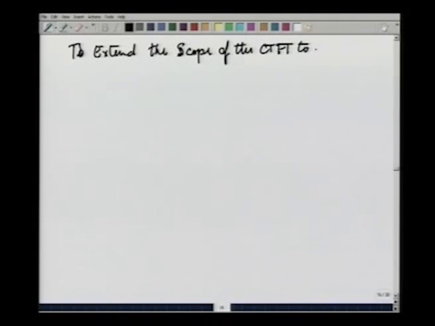So, the next thing we will talk about is to extend the scope of the CTFT to cover finite power signals.